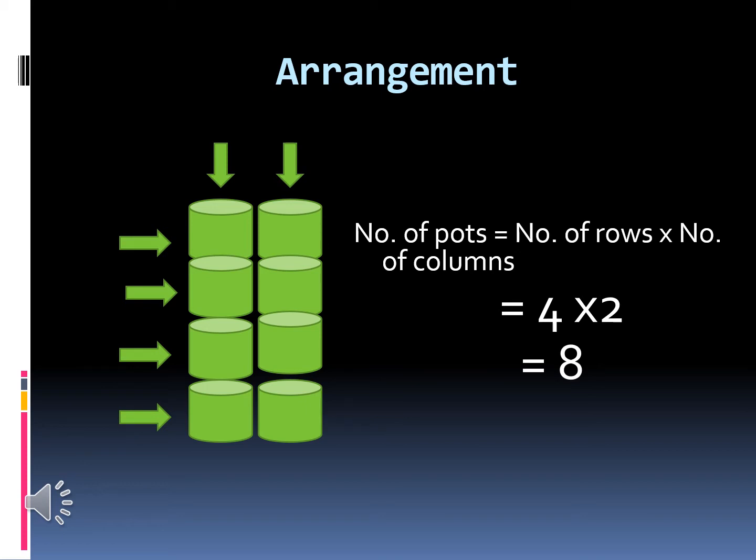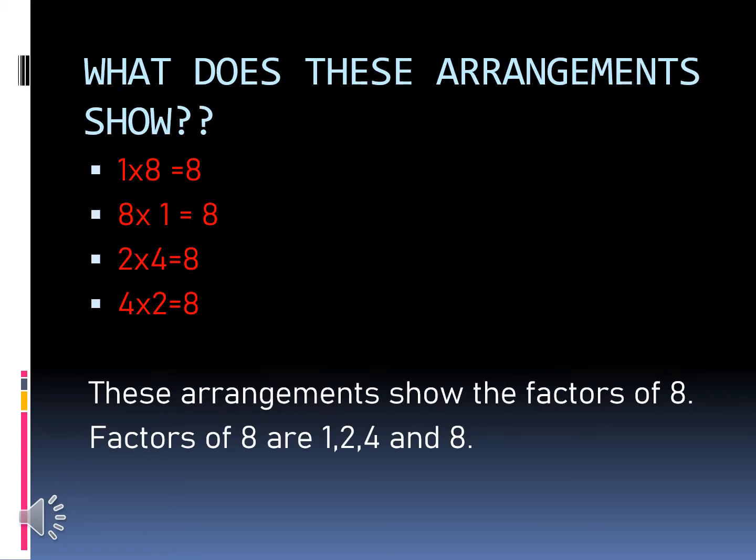You can try any arrangement yourself also to get 8 pots, but keep in mind that you should get a rectangular boundary. So what do these arrangements show? 1 8s are 8, 8 1s are 8, 2 4s are 8, 4 2s are 8.